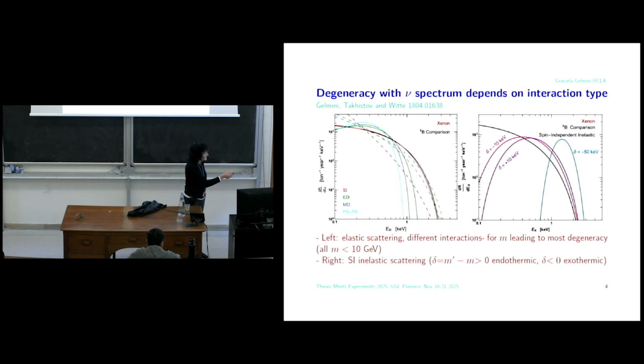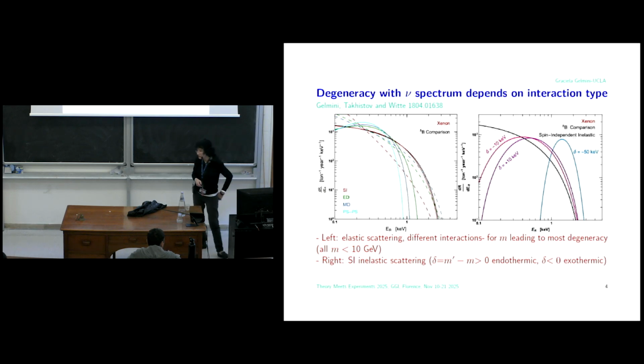Here you have plus 10 keV, minus 10 keV, and here, I cannot see, minus 50 keV. And the spectra are not as similar. Actually, they look quite different here.